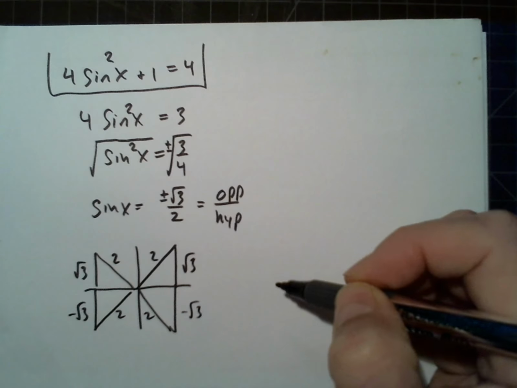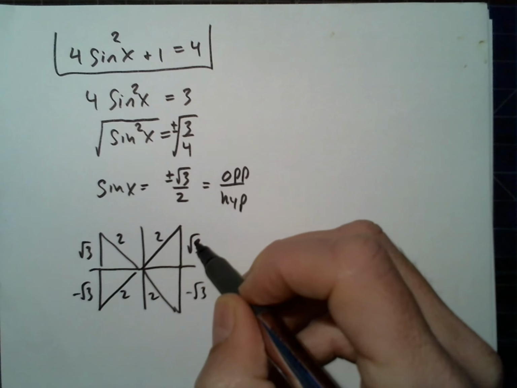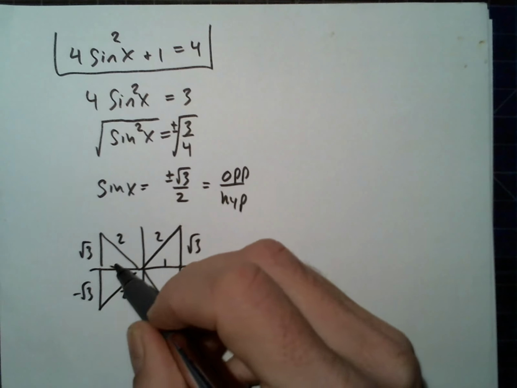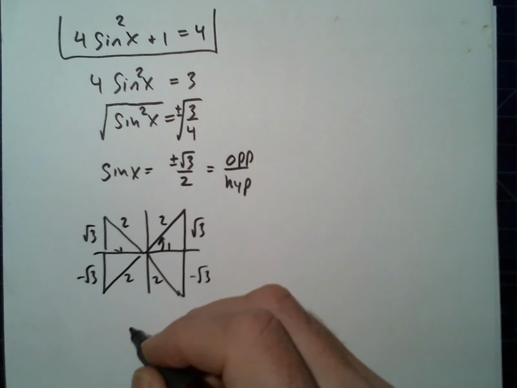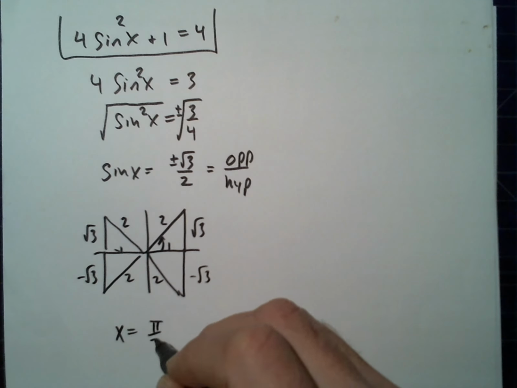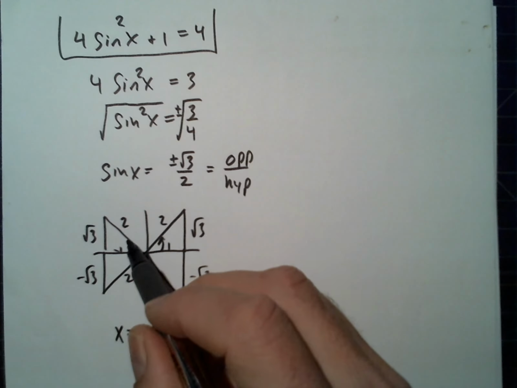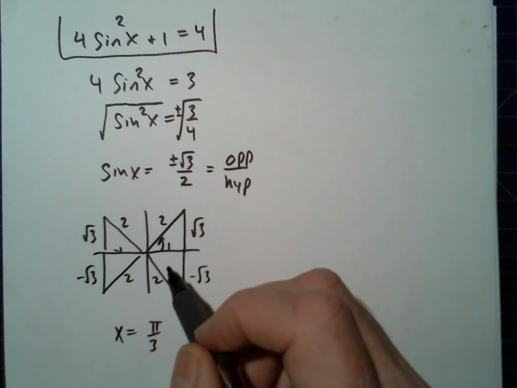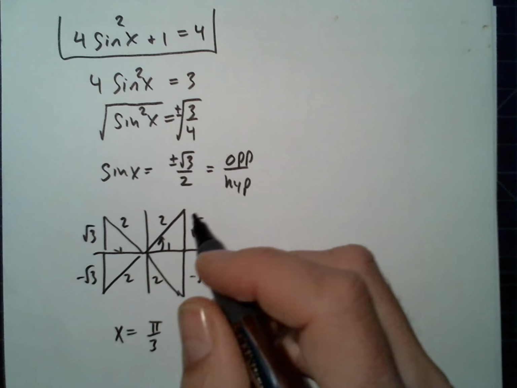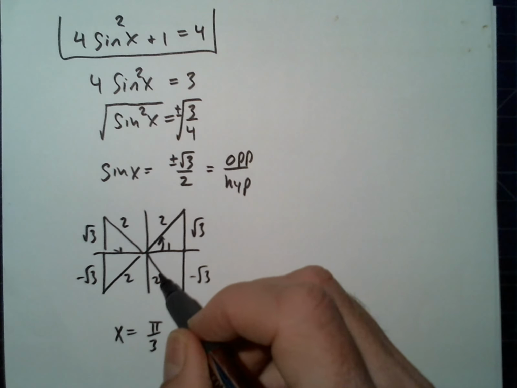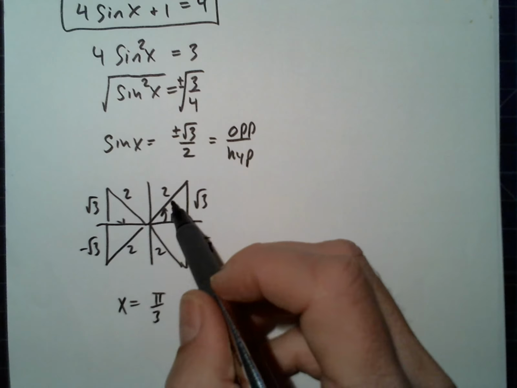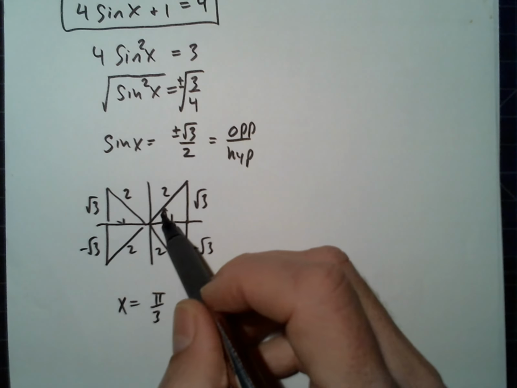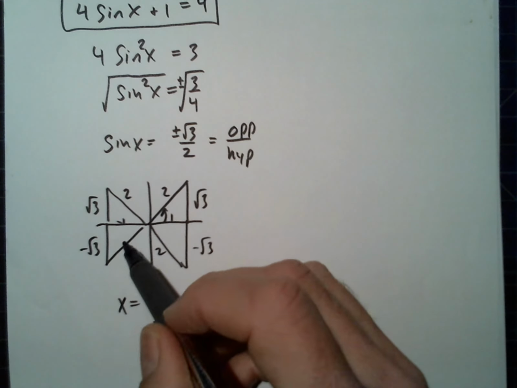So now we have those 4 angles. It's a special triangle with a 1 there and a -1 there. So this angle is pi over 3, and this is going to be 2 pi over 3, and then 4 pi over 3 and 5 pi over 3. We could write each of those 4 angles and then add 2 pi in, but if we go pi over 3 plus pi, we get to 4 pi over 3.